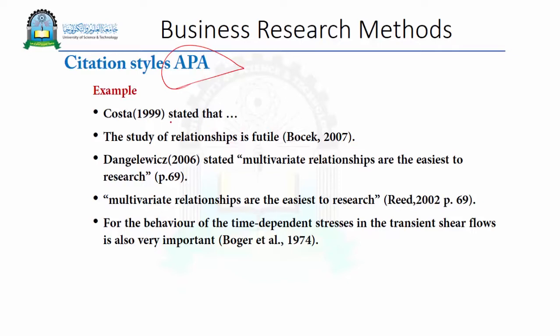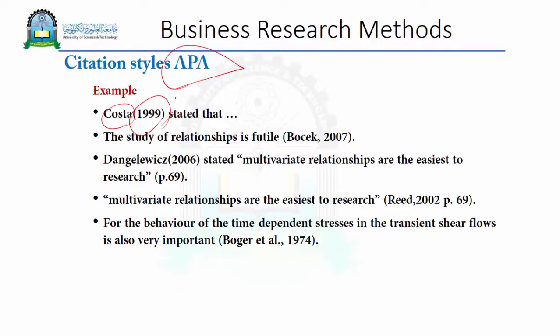So inside the text, when we follow APA, we have to write the family name of the author and the date, and then while we mention some ideas related to the review of the literature of your research problem.